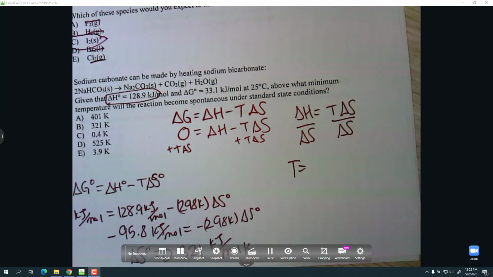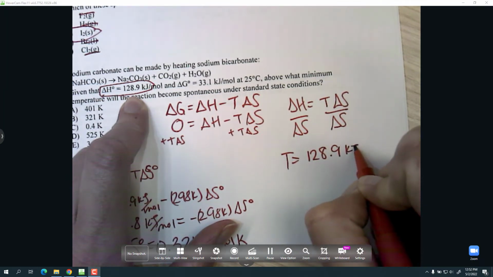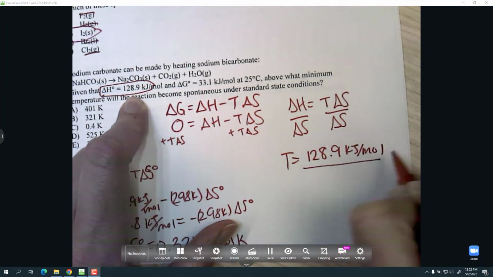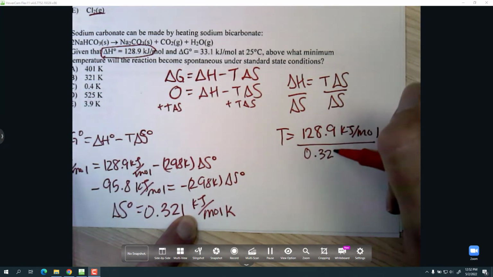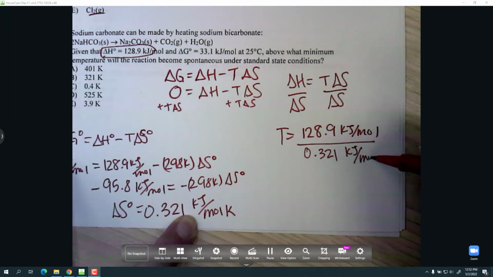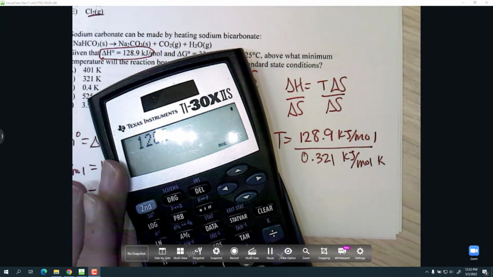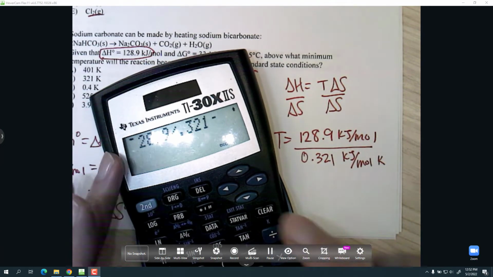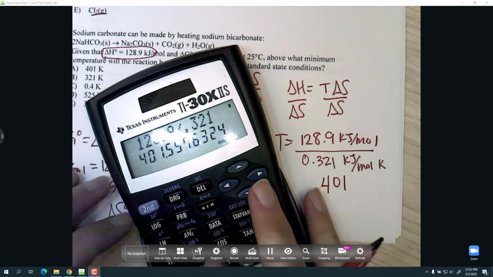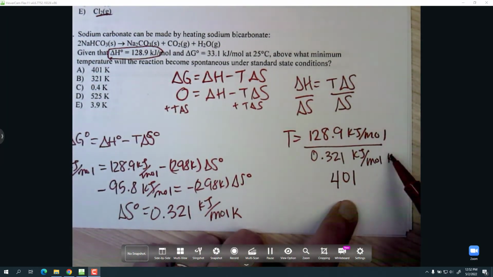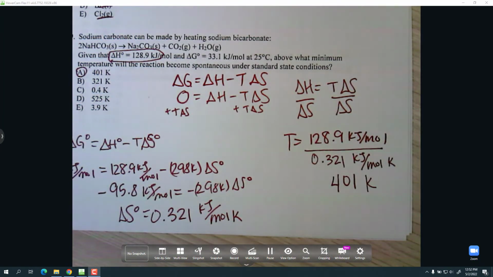So what I need to do is delta H, 128.9, divided by delta S, which I already have in kilojoules, so I don't have to convert, but if I didn't have it in kilojoules, I would convert. That's where that Kelvin comes from. So I'm going to divide this, 128.9 divided by 0.321. Got 401, or 402, and then the unit would just be Kelvin, which is one of my choices.